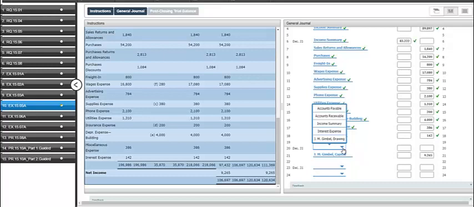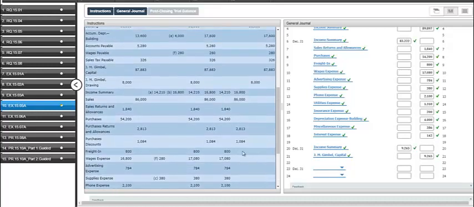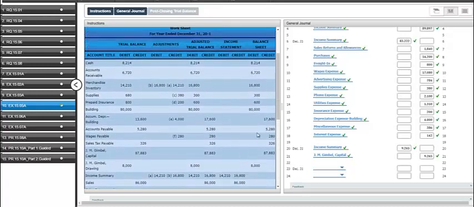Okay, and then we're going to close out the balance of income summary, which should be your net income at this point, for $92.65. Okay, and then the last entry is to close drawing. Now we have to jump over briefly to the balance sheet column and pick up the drawing balance.